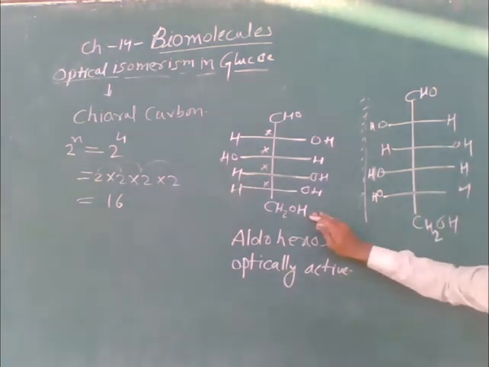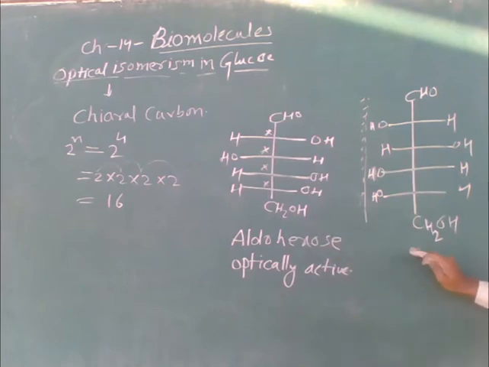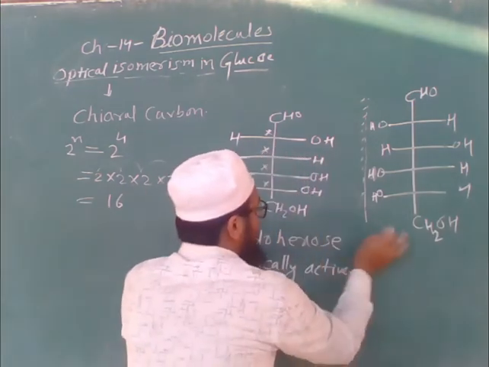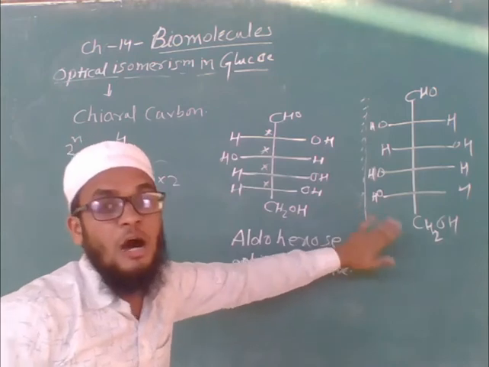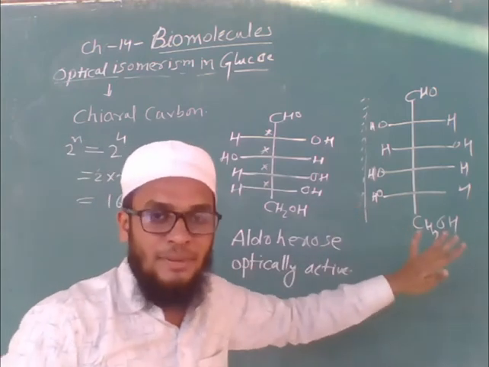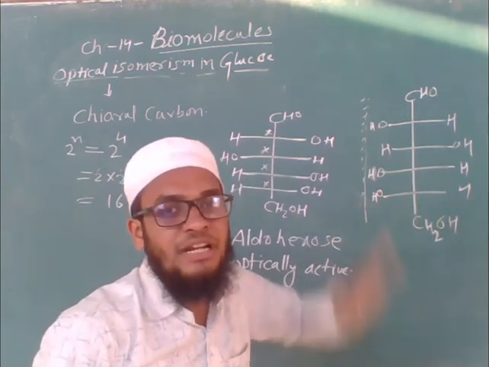So this glucose molecule has its mirror image with it. These two mirror images of the molecule will be called optical isomers, and this phenomenon is called optical isomerism.